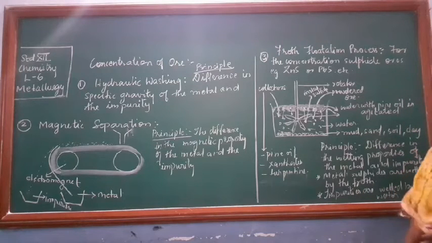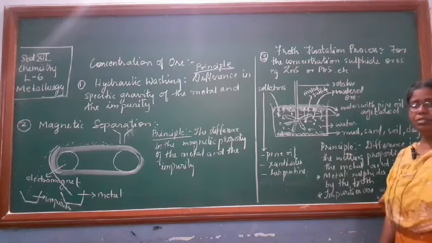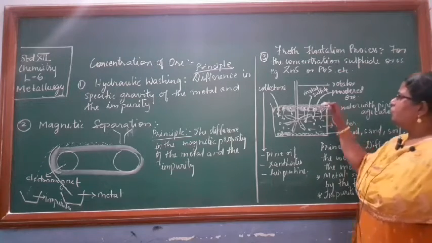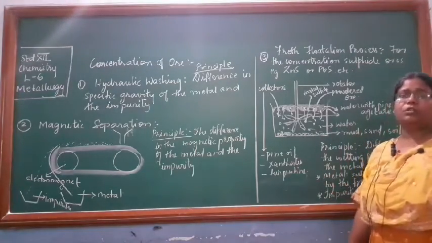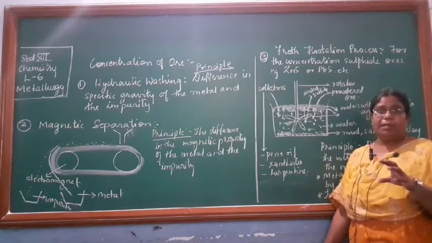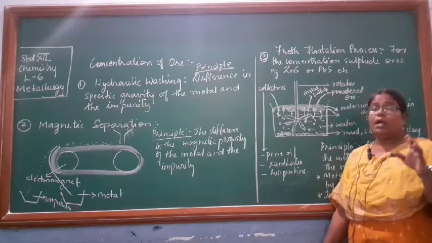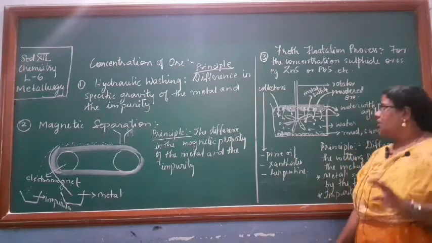Now, one other very important thing to be understood here is that this froth should not settle. To stabilize the froth, there are certain materials added which are called stabilizers. The stabilizers of the froth are aniline and cresol.